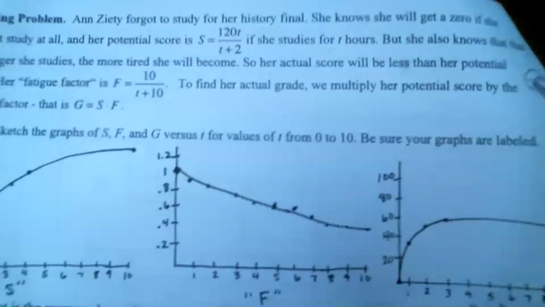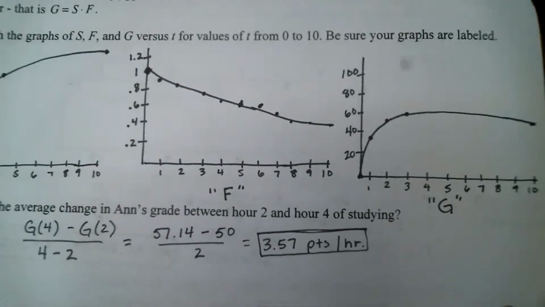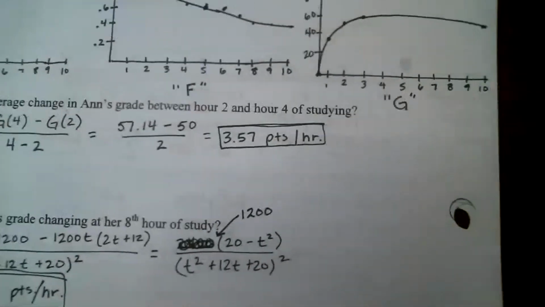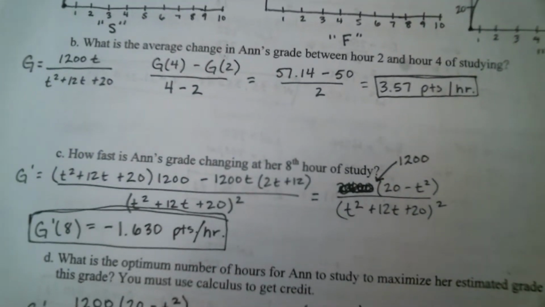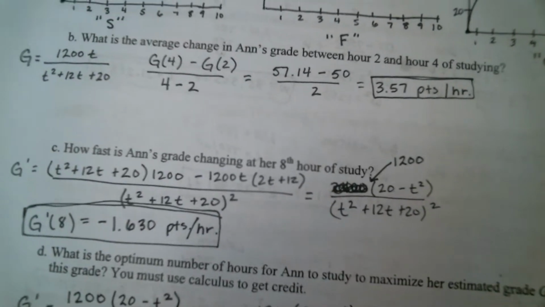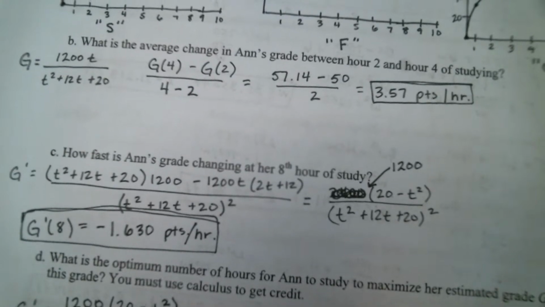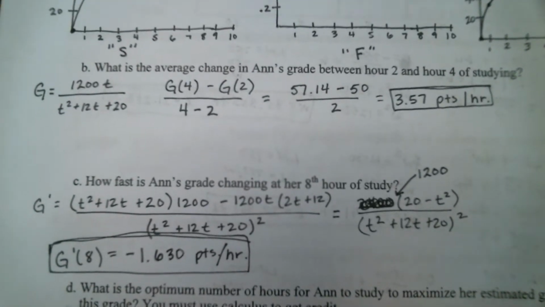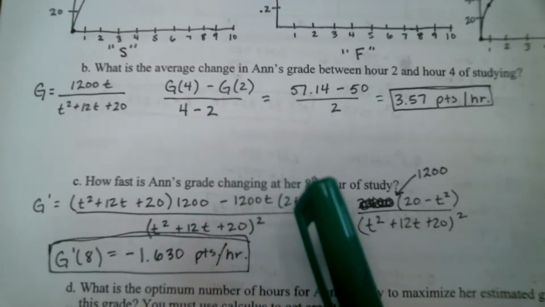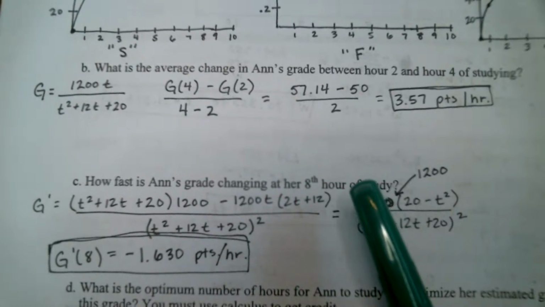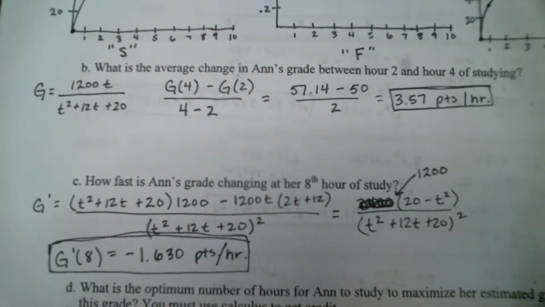So then Alex said 2C. So here is 2C. It said, how fast is Anne's grade changing at the 8th hour of study?